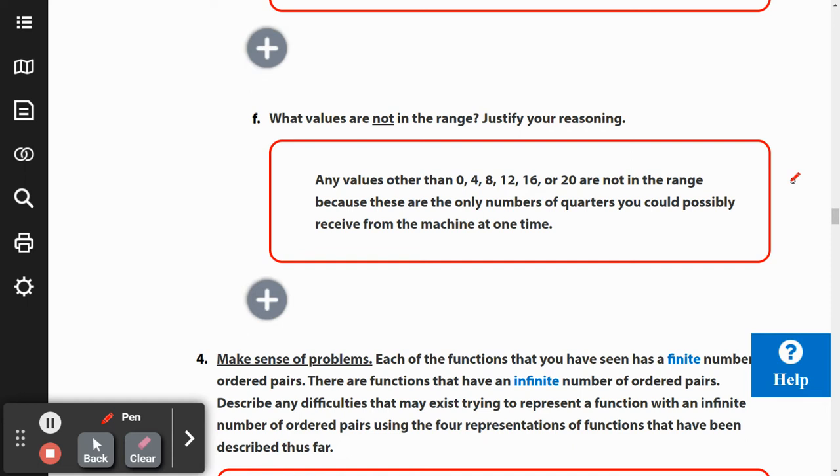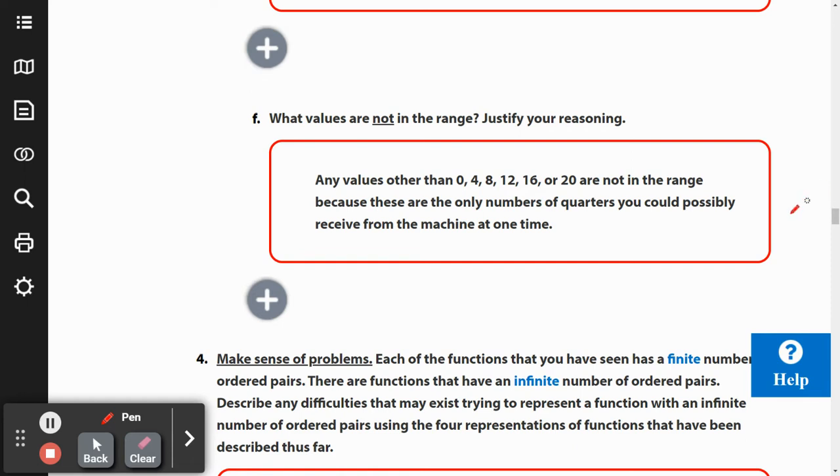Like for instance, let's say that you have an infinite amount of money, dollar bills that can be put into this machine, right? List all of the ordered pairs that's possible. The range would go on forever. It would make it impossible for us to ever write this function.